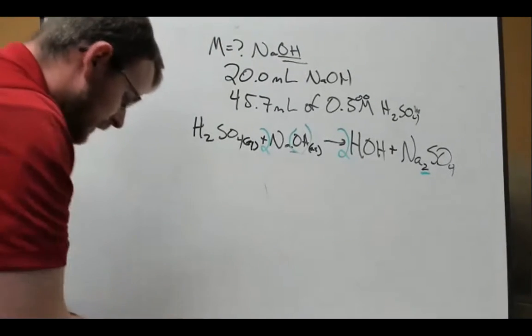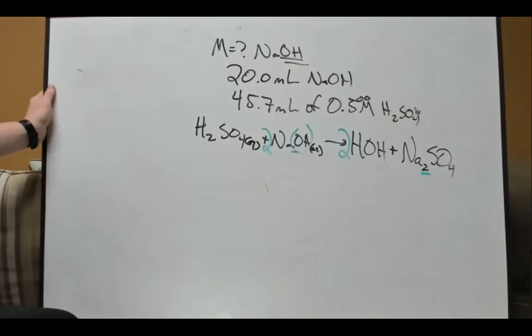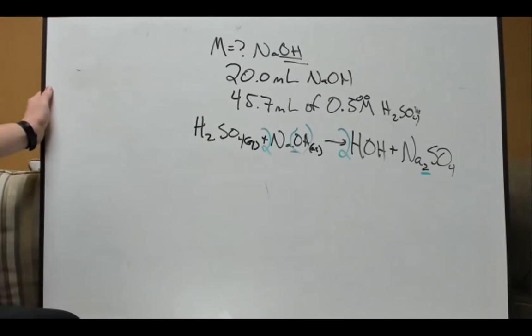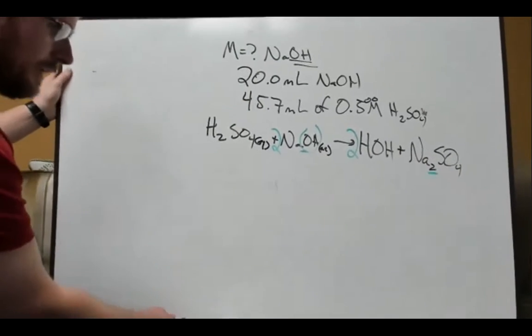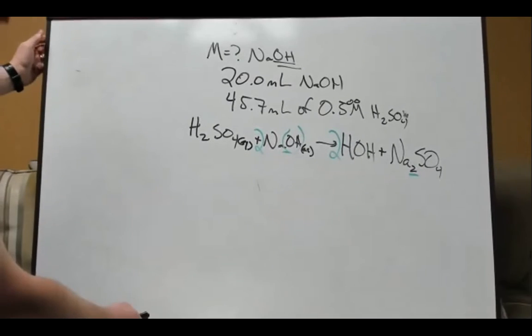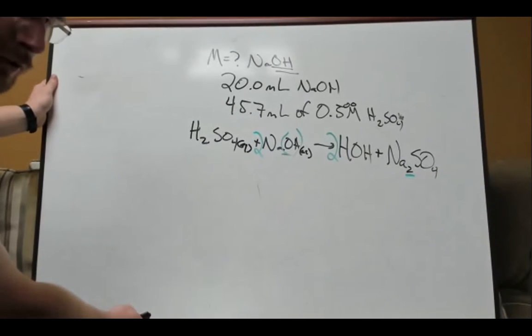So I'm not going to solve this. I'm going to have you guys work through it because this is very similar to the problem that we worked out in part number 2 of chapter 5. But you tell me, what is the first step to solve this problem? That's right, to find the moles of H2SO4.